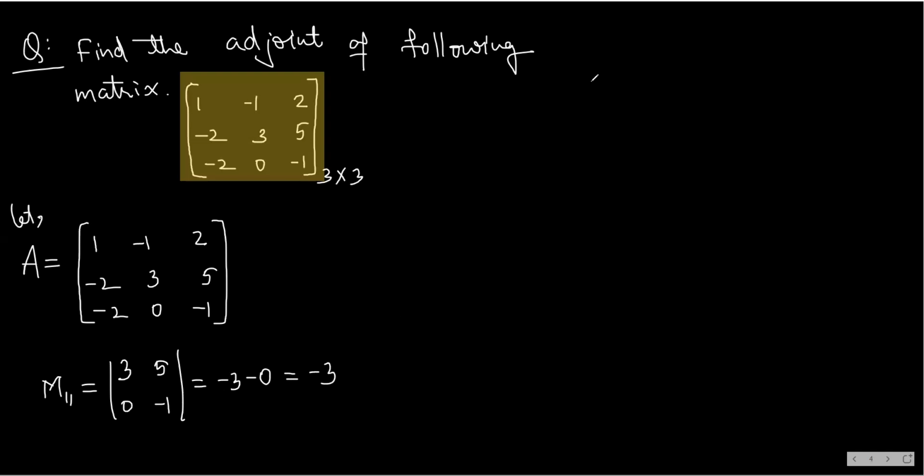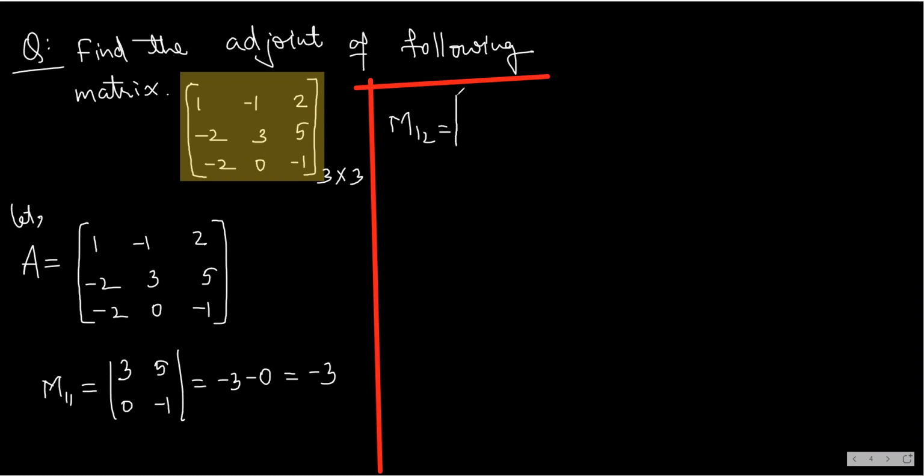After M11, you go for M12. For this, you will ignore this row and this column. You will get M12, first row and second column.